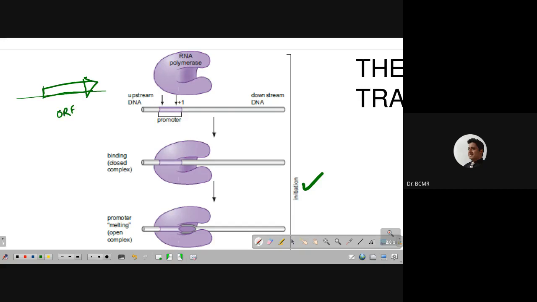That means here you have the start codon, AUG, or at the DNA level, I'll write ATG. And this arrowhead indicates the direction of reading the ORF. Okay? And at the end of here, you would have the stop codon.